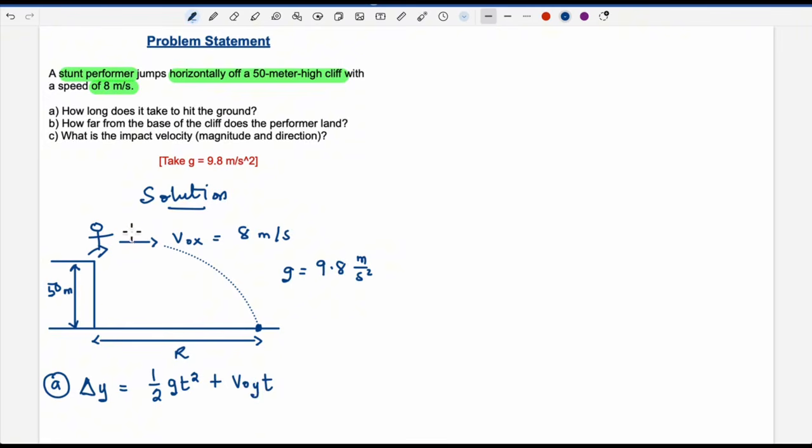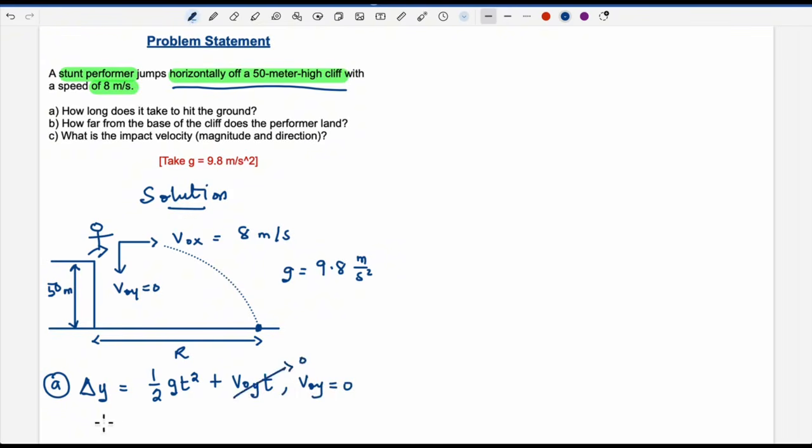And vertically, v0y is 0 because the problem says he jumps horizontally off a 50-meter high cliff with a speed of 8 meters per second. So there's no vertical component of speed. That takes this term to 0.